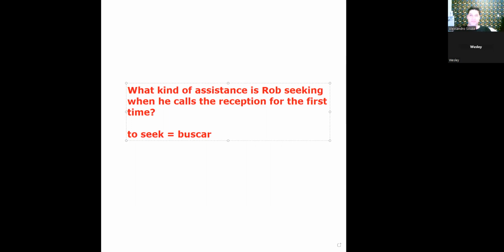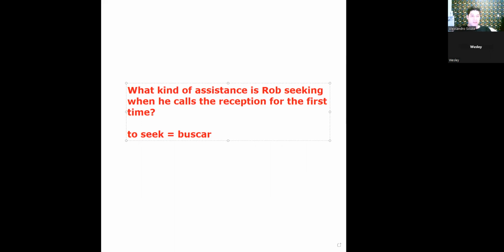Let me translate this here. What kind of means que tipo de. Assistance is exactly assistência or ajuda. What kind of assistance is Rob seeking when he calls the reception for the first time? Technical. Yeah, he's seeking technical assistance.